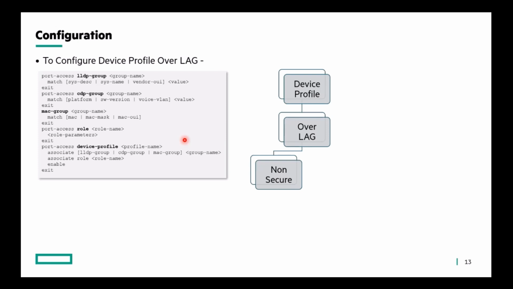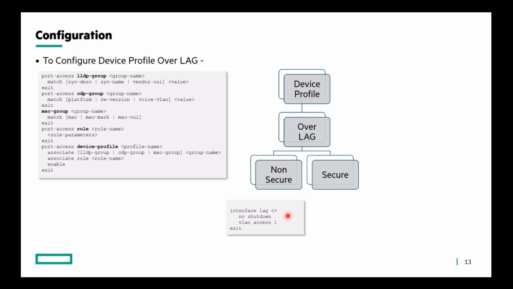That is device profile over LAG in a non-secure mode. For that, the configuration is simple. Just create a LAG interface, and the default LAG configuration is sufficient. Globally, when device profile is enabled, once the device profile configurations match, it will be applied to the LAG interface. And if there is no match, there won't be any blocking of the port. The port will be open.